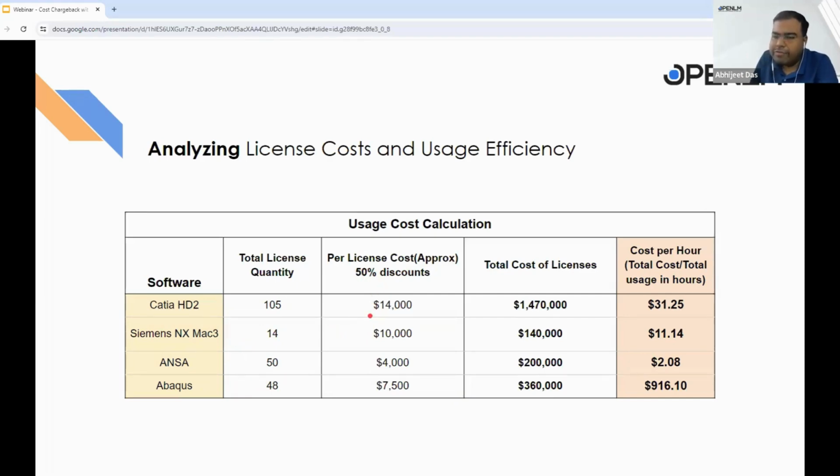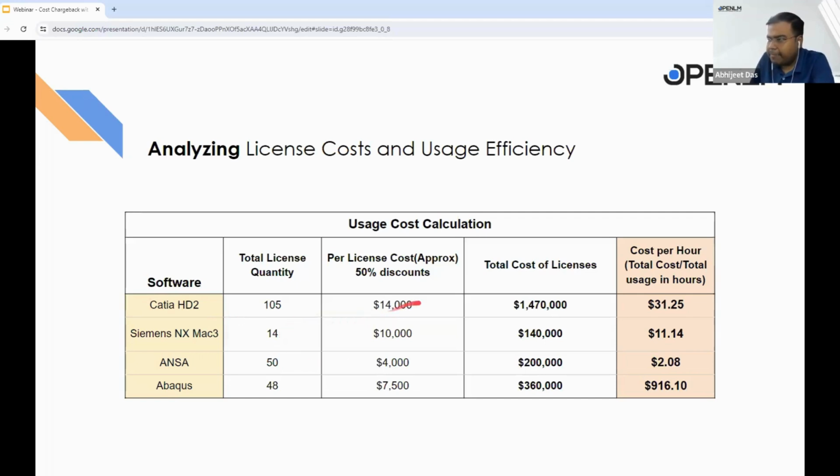This cost will vary from organization to organization based on your negotiation and your contract with the vendor. But at an approximate value, considering some discount that is usually given to corporations, for CATIA HD2 it is coming to around 14,000 US dollars.